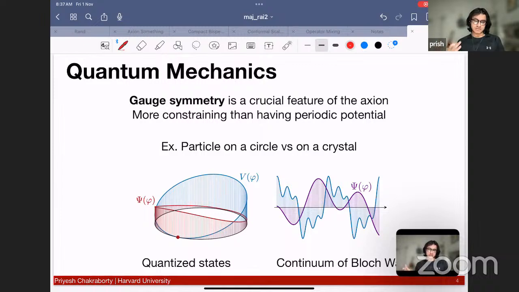For the same exact potential, for a particle on a circle you see quantized states, and for a crystal you see Bloch waves, a continuum of Bloch waves. So this gauge symmetry, we know in general, can be really important. Like talking about this identification.